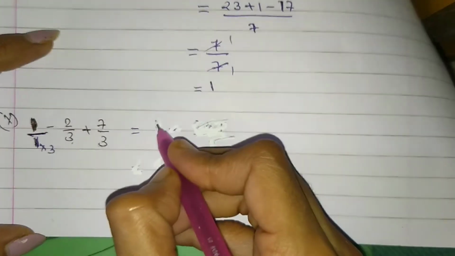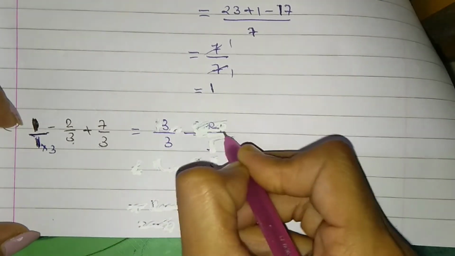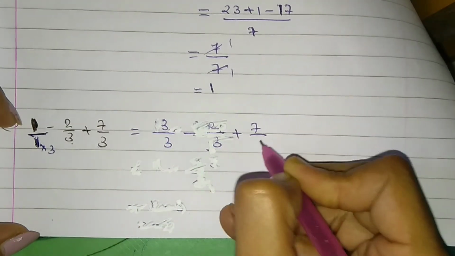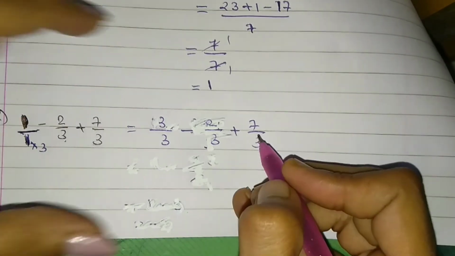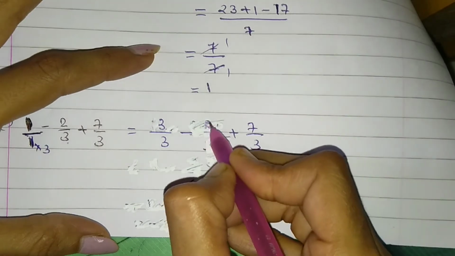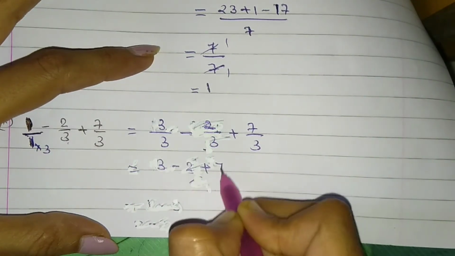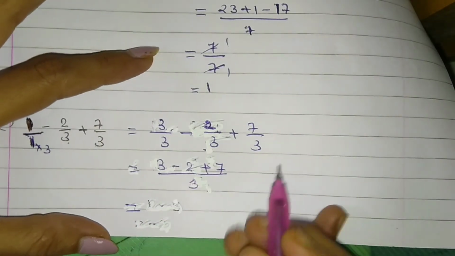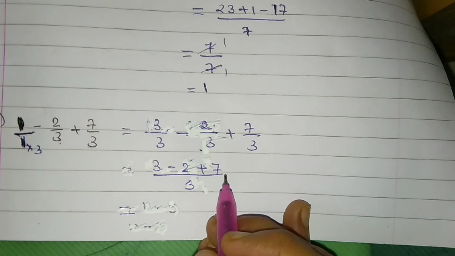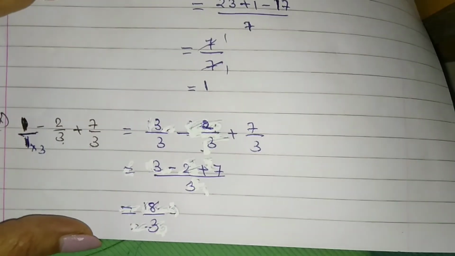Okay, this equals 3 ones are 3 upon 3 minus 2 upon 3 plus 7 upon 3. After that, the denominators are now the same, so 3 minus 2 plus 7 upon 3, which is equal to 3 minus 2 is 1, 1 plus 7 is 8 upon 3 is the answer.